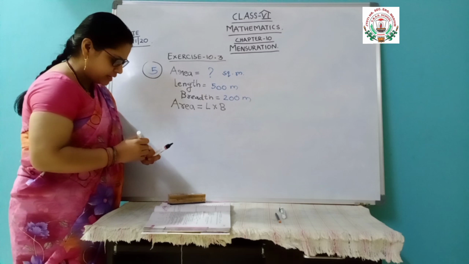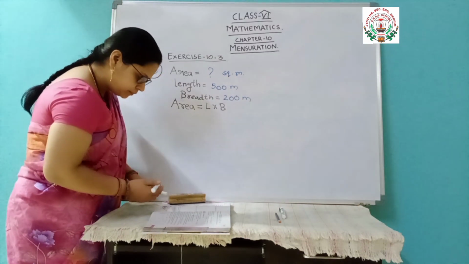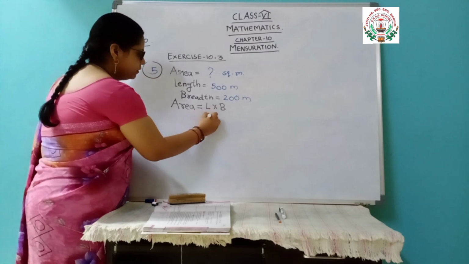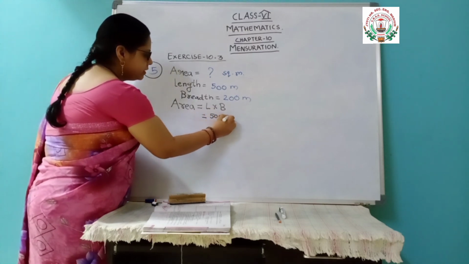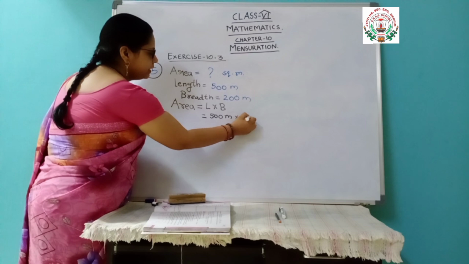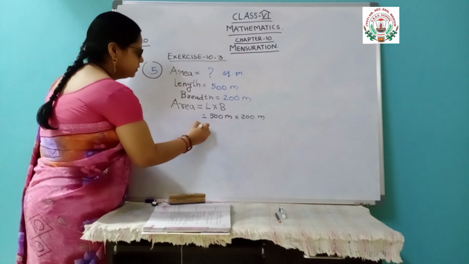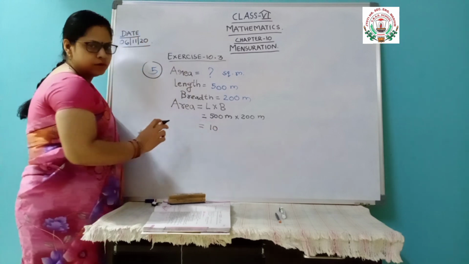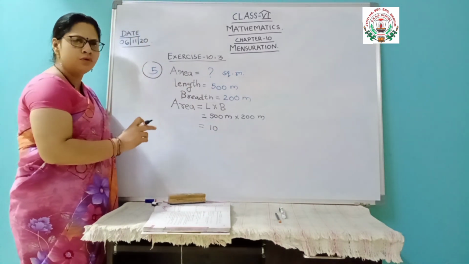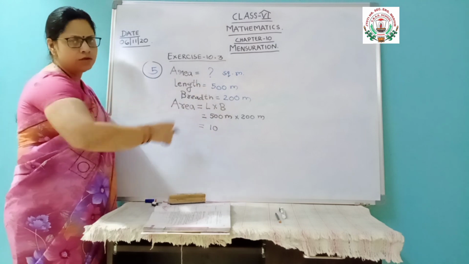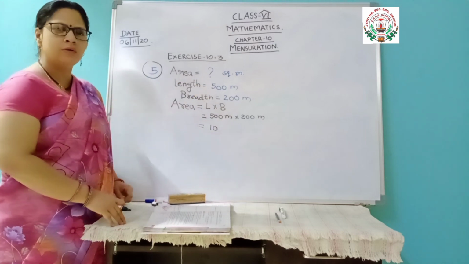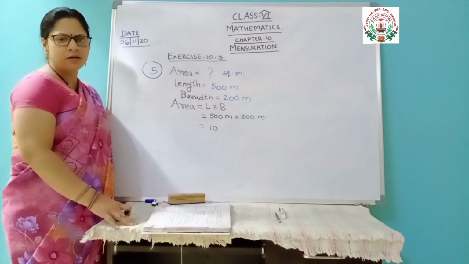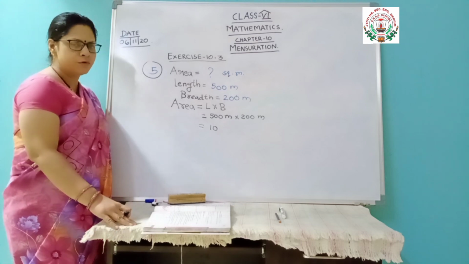So the area formula is this one. First we will find out the area: 500 meter into 200 meter. In the shortcut way, 5 into 2 is 10. The calculation you can do in the right side column when writing in the exam paper, or in rough copy when solving.